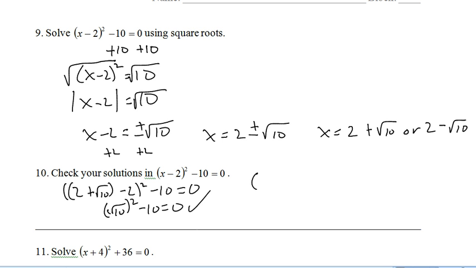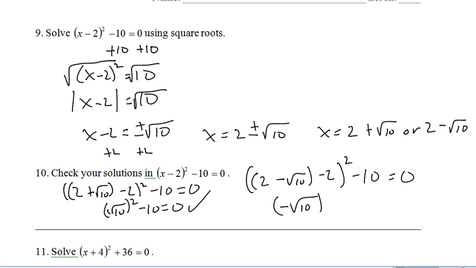Good. And again, we end up with negative root 10 squared minus 10 equals 0, which is also 10 minus 10. So we're good. So we've got two values of x that make that equation true, and there's a lazy way to write it.